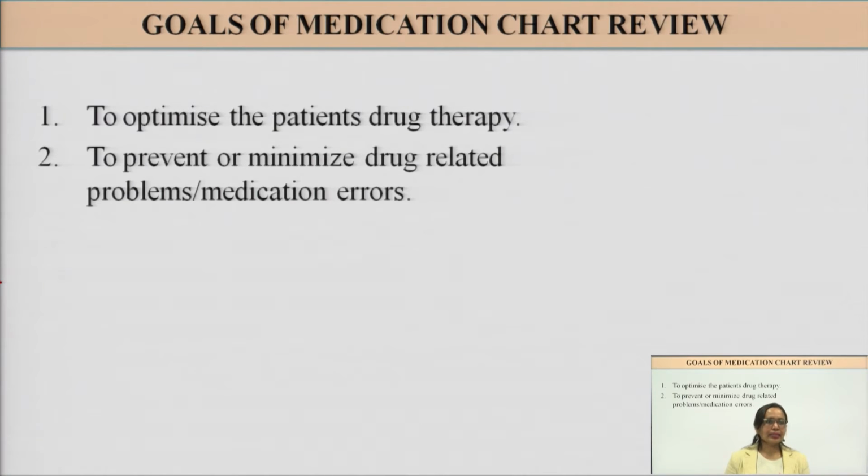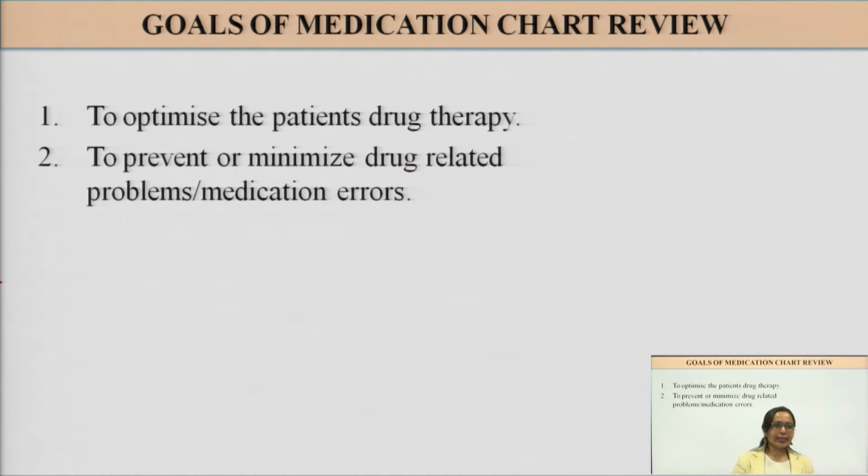Next is to prevent or minimize drug related problems and any medication errors. For example, if some drugs in the prescription are found to interact, there are drug interactions, so we prevent or minimize these drug related problems or medication errors.